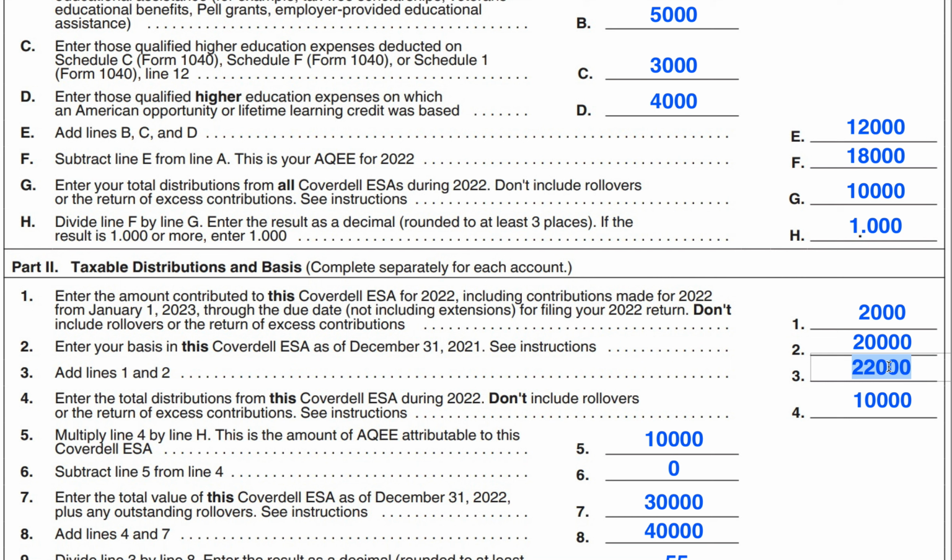Now, your account balance could be $23,000, it could be $100,000, but the $22,000 is your basis. So if you emptied your account today, regardless of how you spent the money, $22,000 of that would be a tax-free return of your principal.